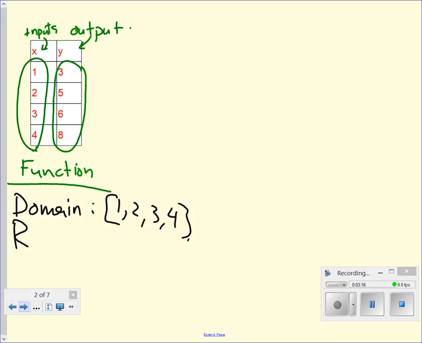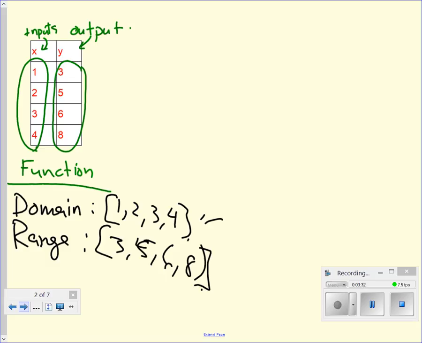The range are all the dependent values: 3, 5, 6, and 8. So basically these are all the independent values, and these are all the dependent values.